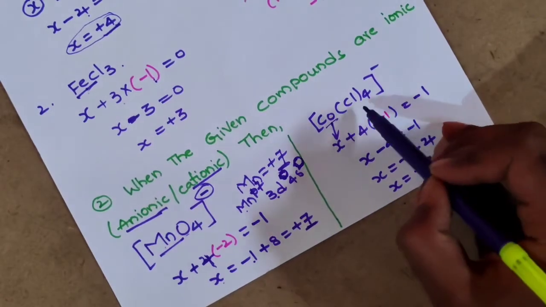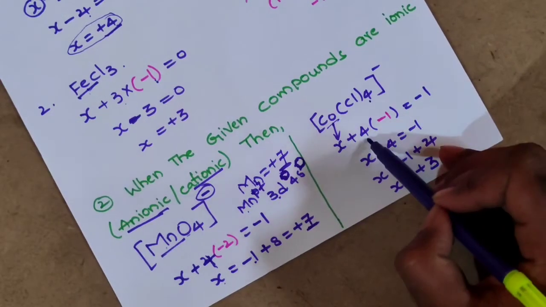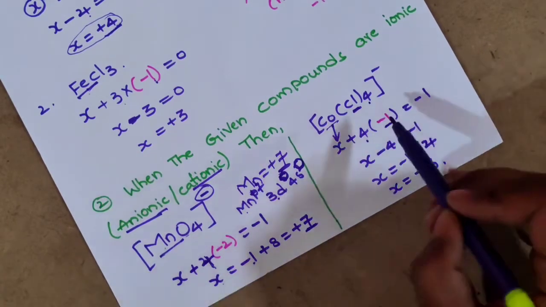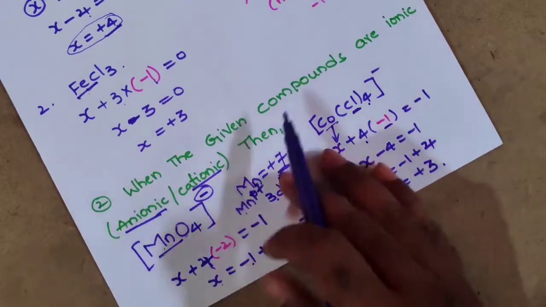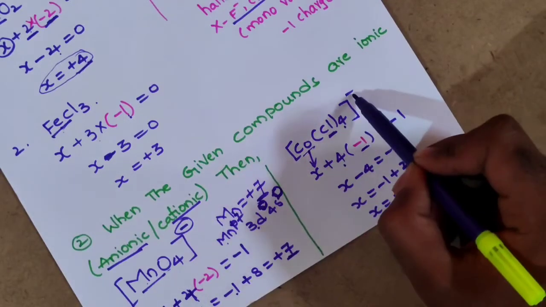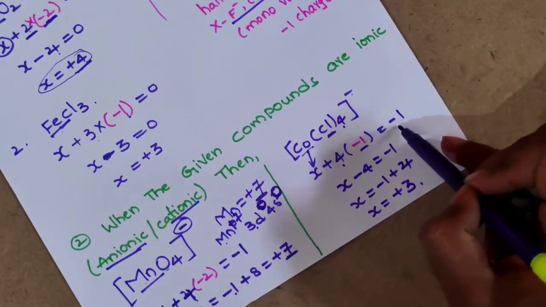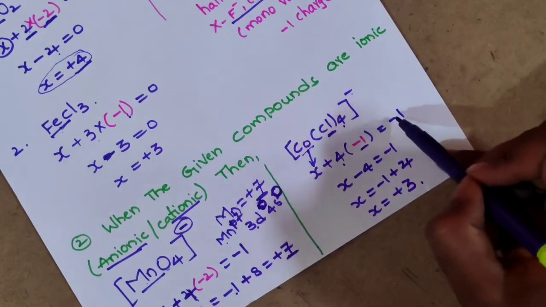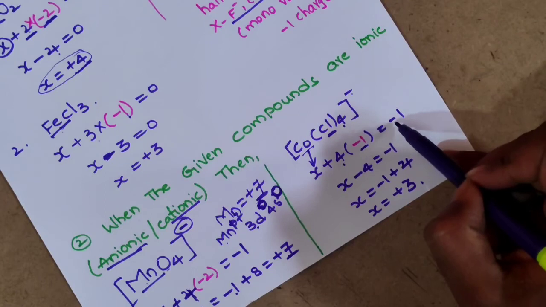So we have 4 chloride ions, so 4 into -1 with respect to each chloride ion. So the overall charge present on this complex is -1. So here I have mentioned it as -1. If here it is +1, then we have to just take it as +1.